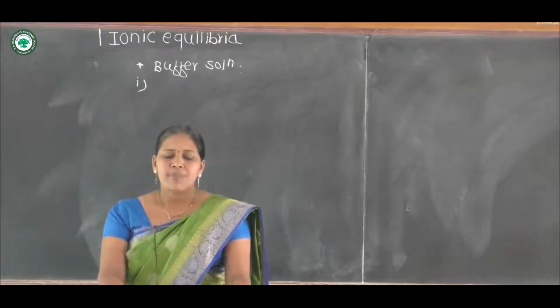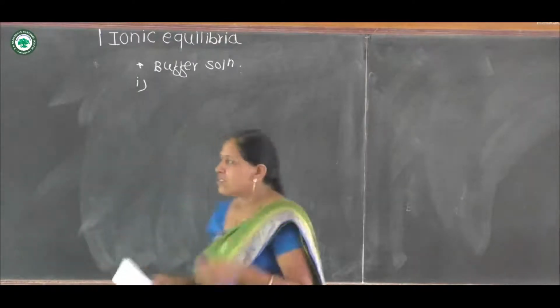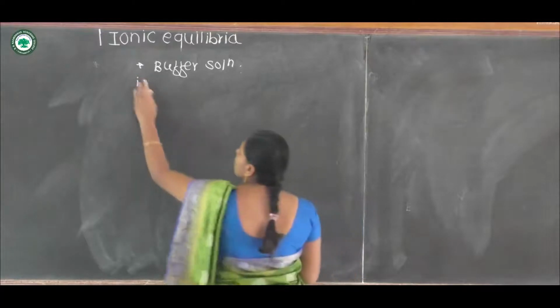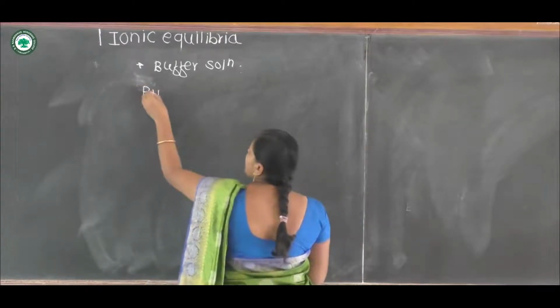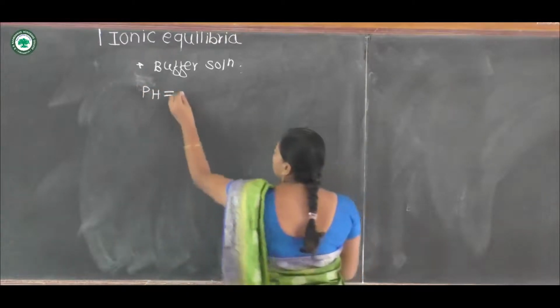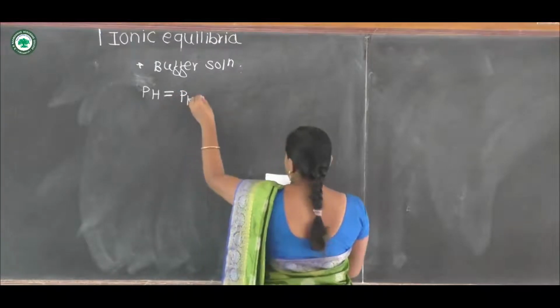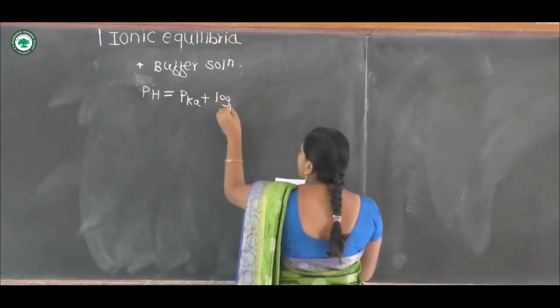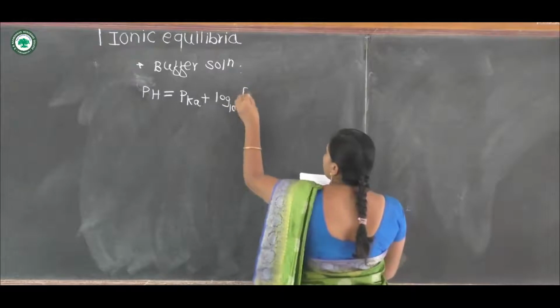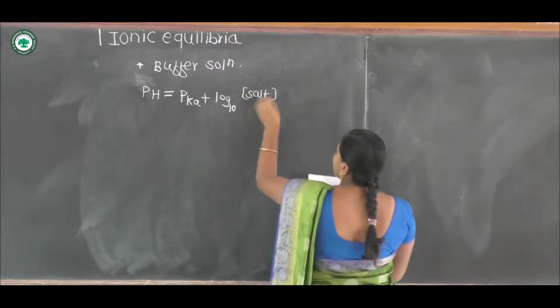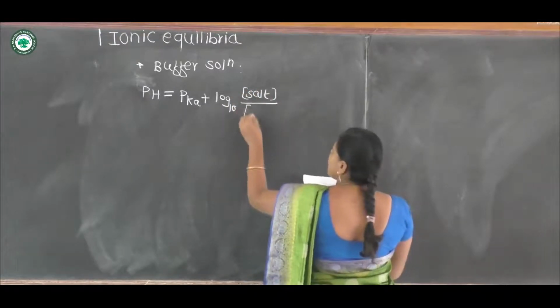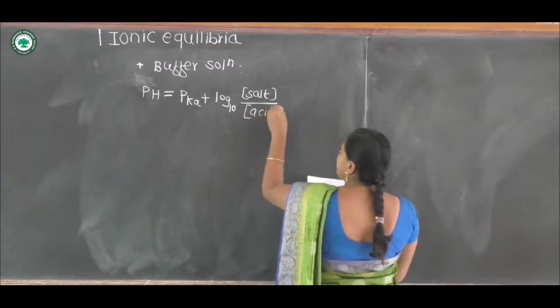How will you calculate pH of buffer solution? The formula for pH of buffer solution is pH is equal to pKa plus log to the base 10 concentration of salt divided by concentration of acid.